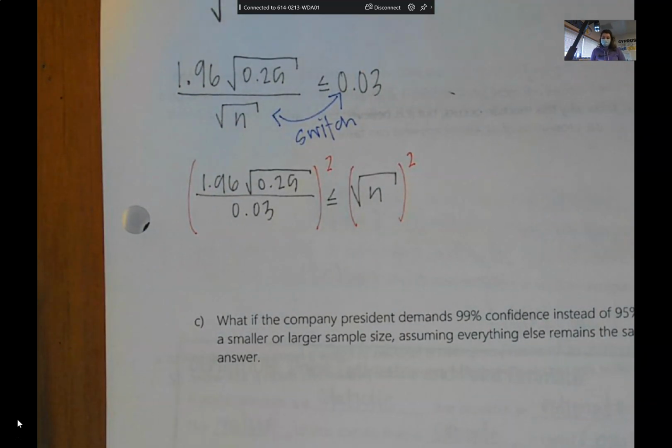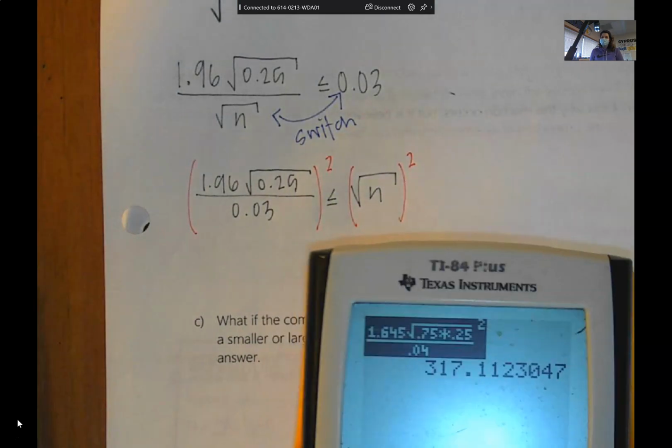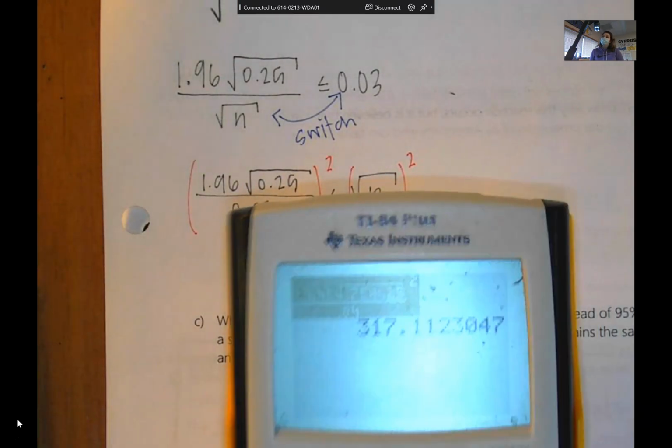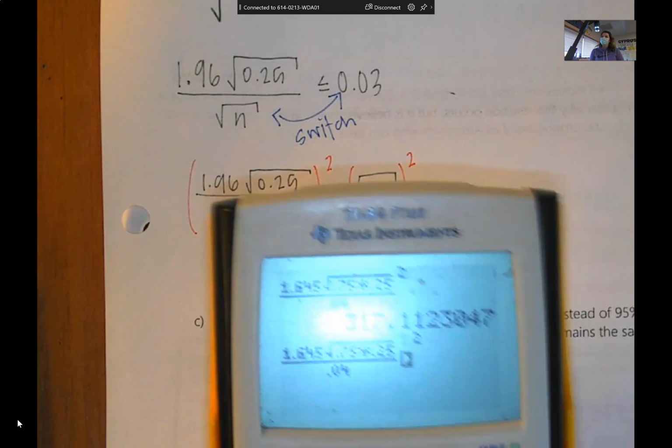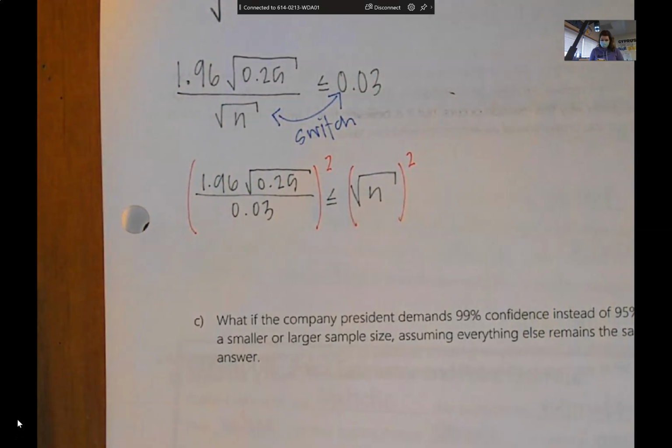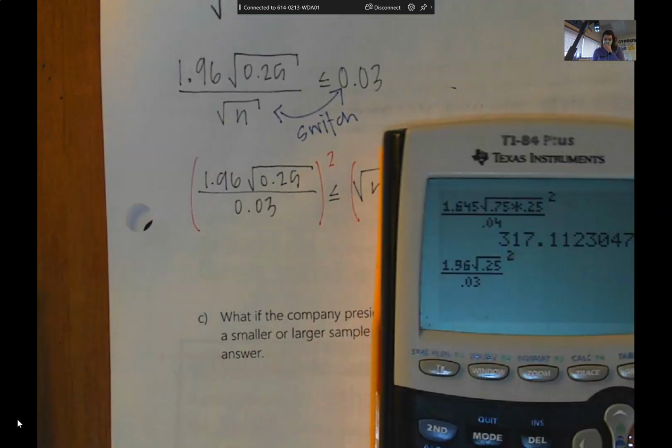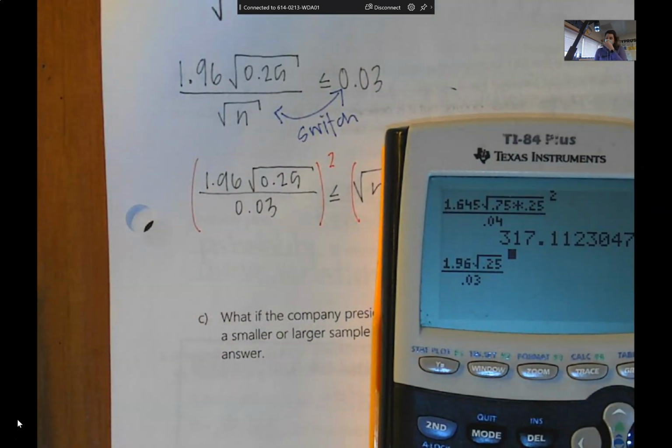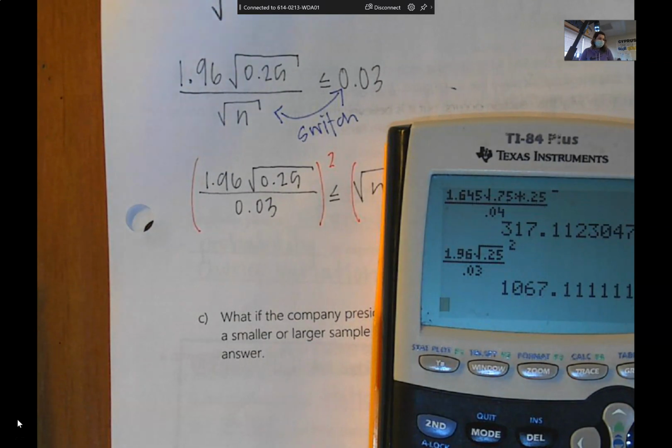Then, because I really hate hitting all the buttons, I usually just edit the last thing that I plugged in, and I just go in and change everything. You can do whatever works best for you. So if I go in and just change things, that makes it a little bit faster for me. Hit enter.